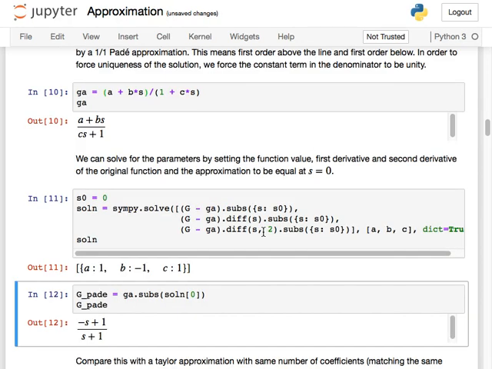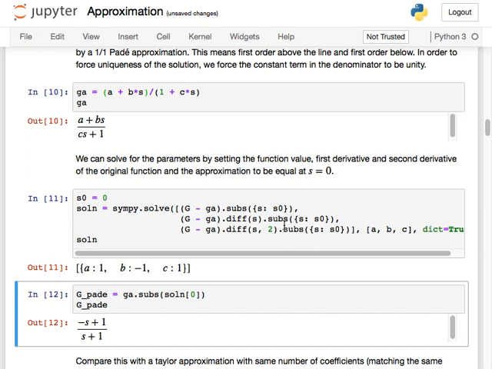I'm setting up the set of equations that I need to solve in order to match the derivatives of certain orders. All I'm doing here is taking the difference between the target of approximation and the form that I'm trying to approximate with, and setting the zeroth-order, first-order, and second-order derivatives to zero.